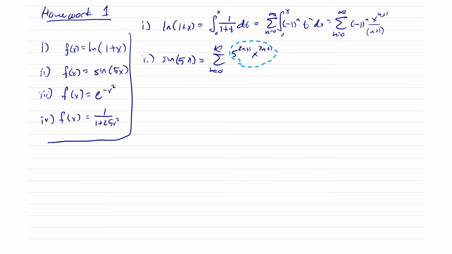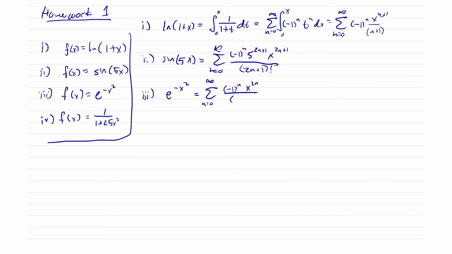Sine has a (-1)^n in there too, and divided by (2n+1) factorial. 3, we have e^(-x^2), and that just goes straight into the exponential function. So it's n equals 0 to infinity, (-1)^n times x^(2n) divided by n factorial. So I'm just plugging into x^n over n factorial, I'm just plugging in negative x squared.